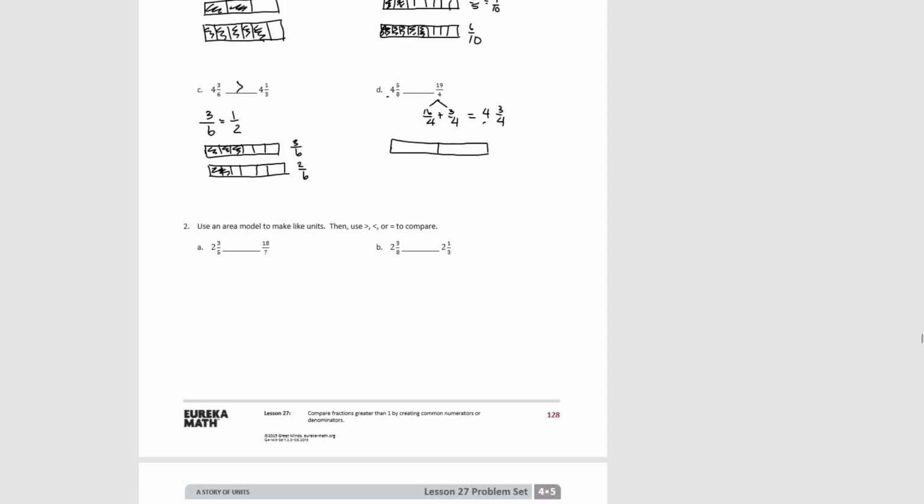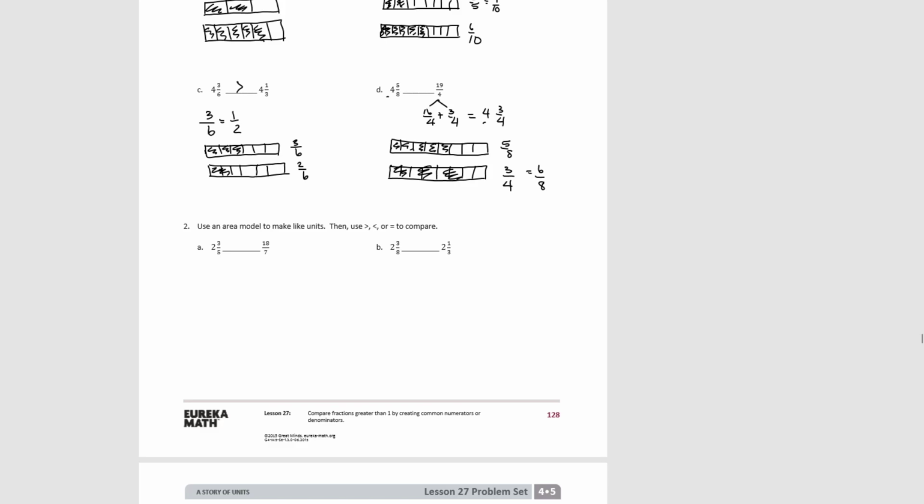So we have 5/8 and 3/4. So our drawing looks like 3/4 is greater than 5/8 on our tape diagram, but to be sure, we could divide our fourths into eighths and see that we have 6/8.